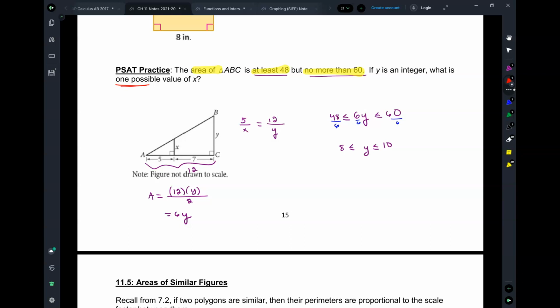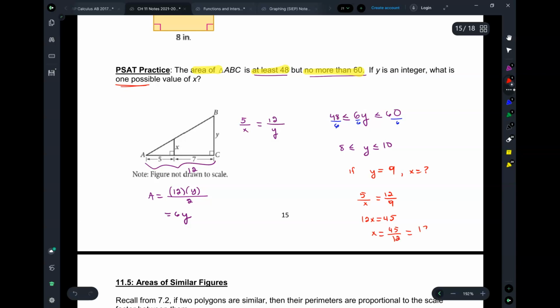Pick a possible value of y. 9. So what's x? Okay, so 5 over x is equal to 12 over 9. 12x is 45. X is 45 over 12. Divide by 3. 15 over 4. Okay? And that's this lesson.